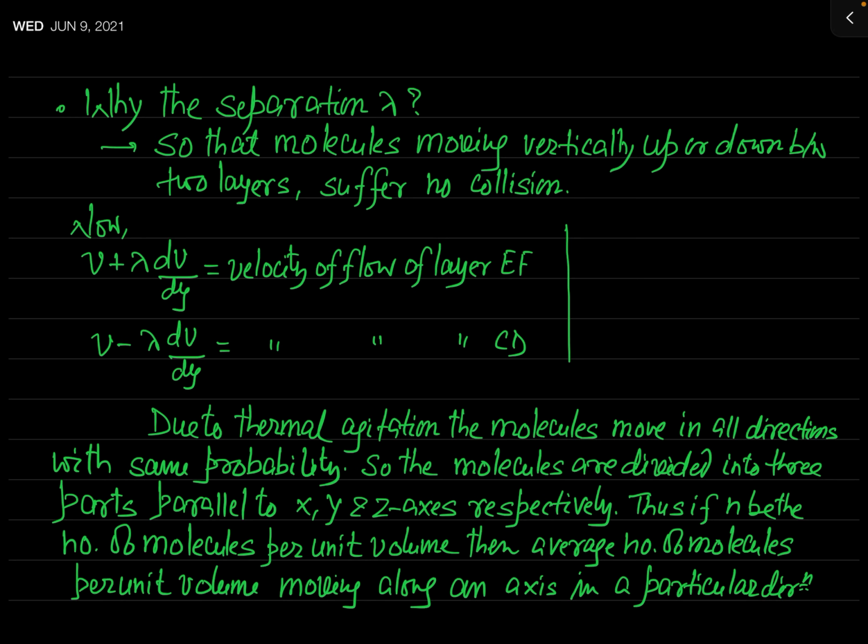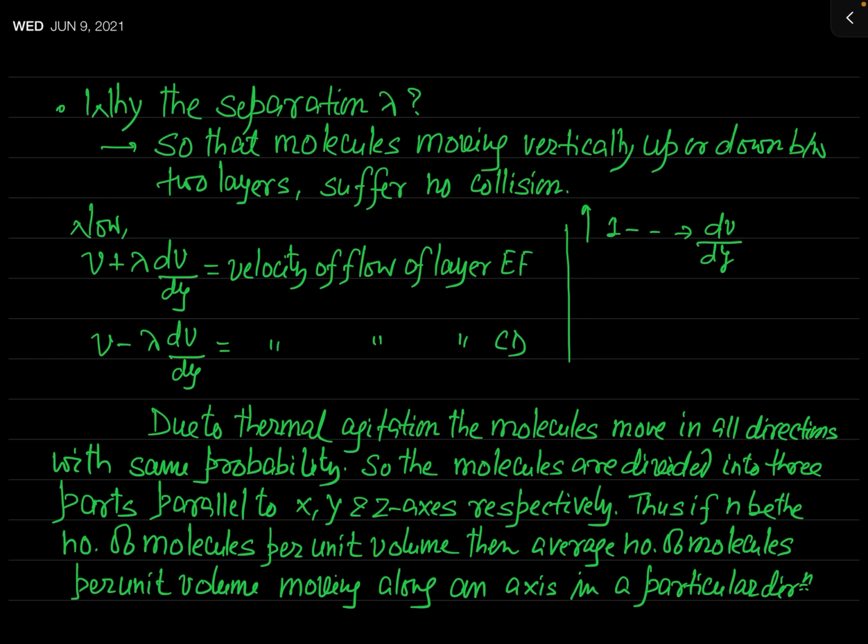But when you move in the downward direction, there will be a decrease in velocity. So if you move upward by 1 unit, either 1 centimeter or 1 meter, velocity increases by dv by dy.